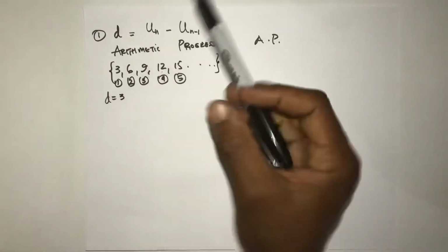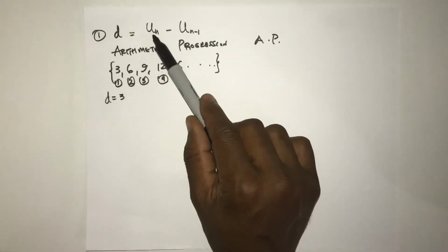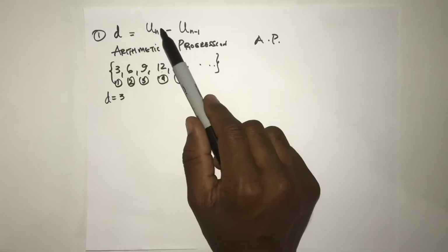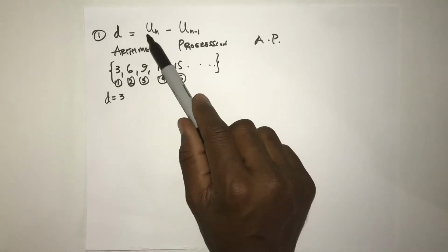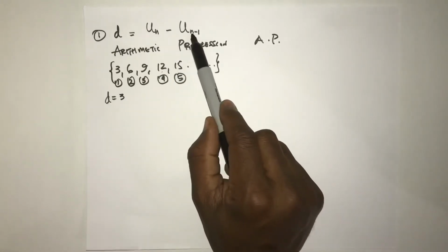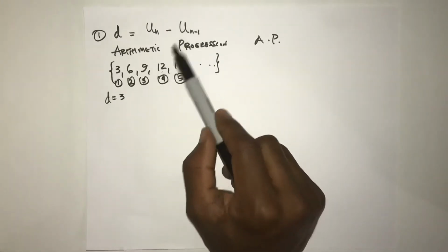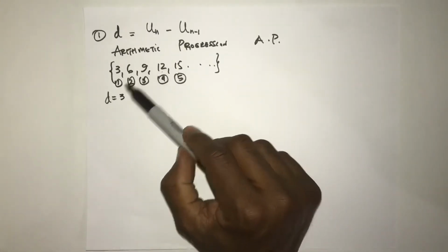Now, in the case of the formula, if we use just a random fourth term, n equals 4, this would be U4 minus U_(4-1), so it's basically U4 minus U3. And 12 minus 9 gives you 3.